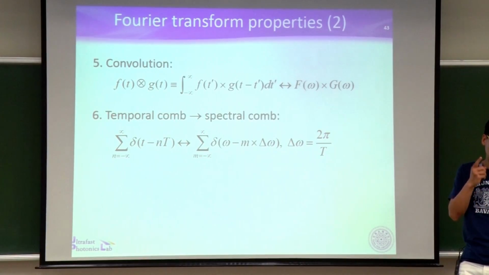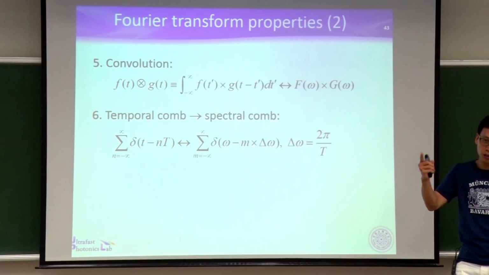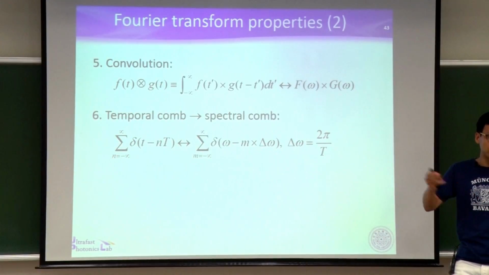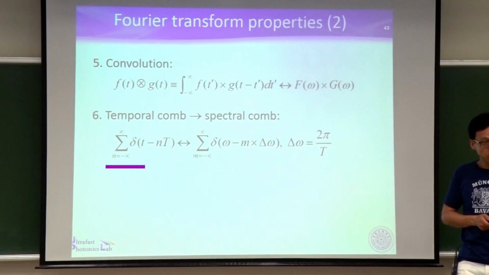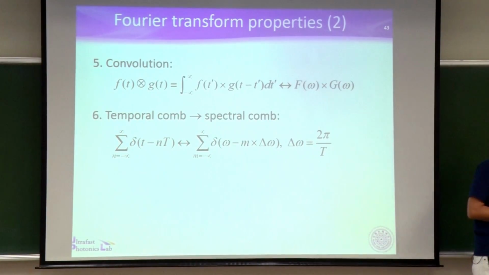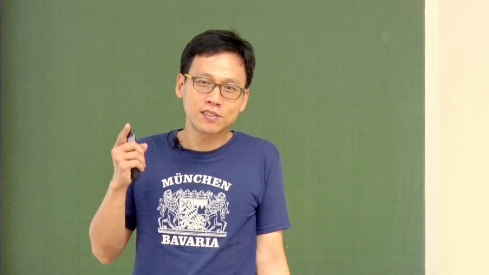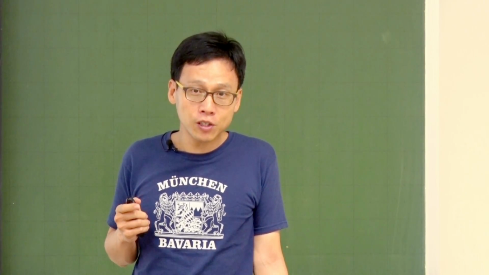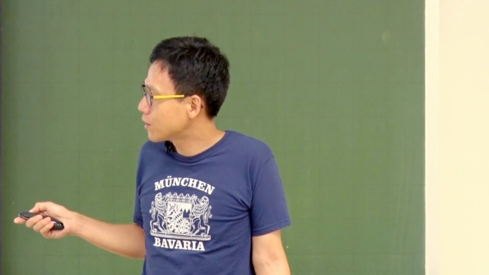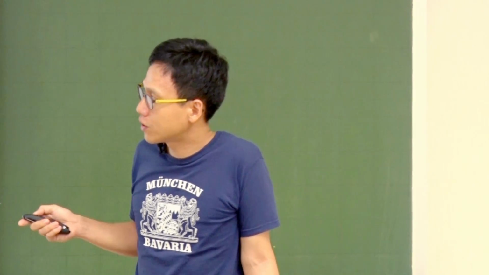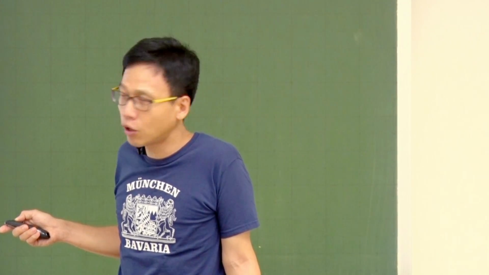For every period, big T, you get a delta function. And it's an infinite extension. If you try to calculate the Fourier transform of this strange function in the time domain, you get a strange result. In the frequency domain, you have the same shape, a series of delta functions in the frequency domain. But the spacing is changed from big T to delta omega.